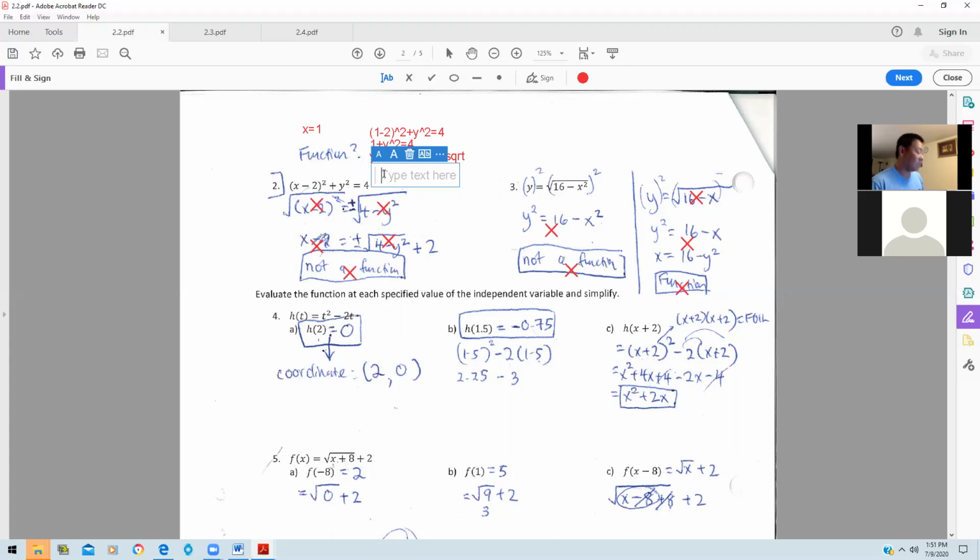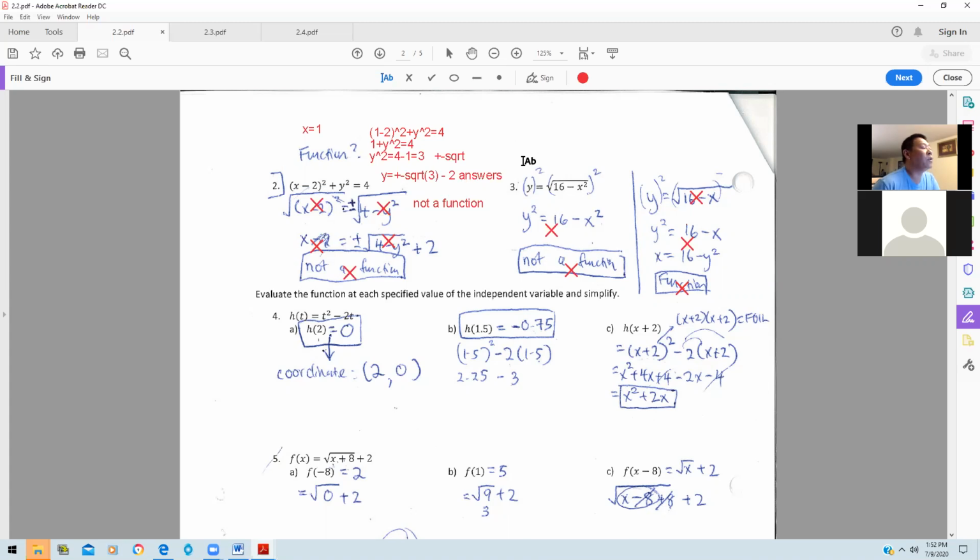So y will be plus and minus the square root of 3. This gives me 2 answers, and since it's 2 answers, this is not a function. Don't forget, a function says that if you plug in x, you can only have 1 answer for y. Since this one has a plus and minus, it's no good.